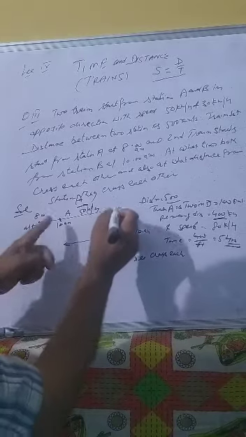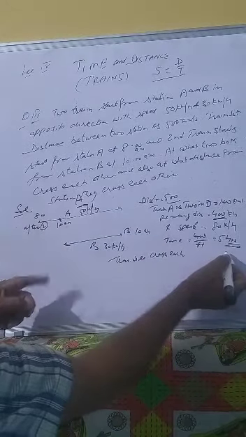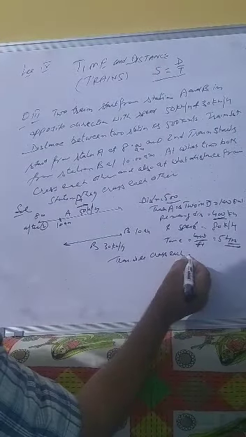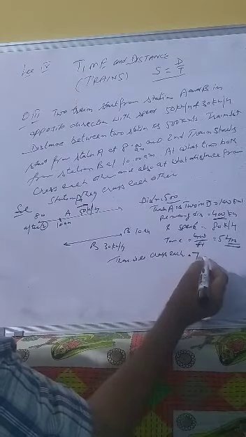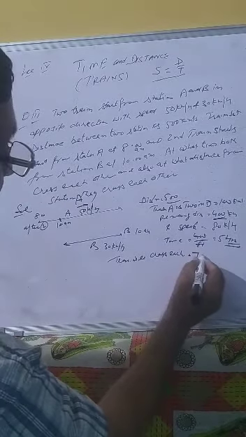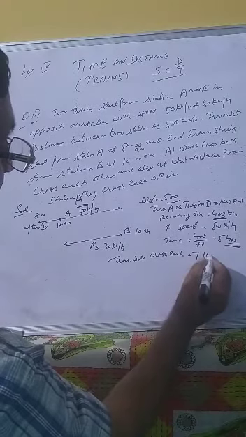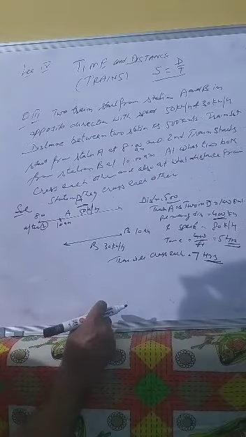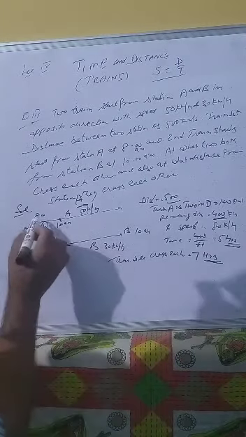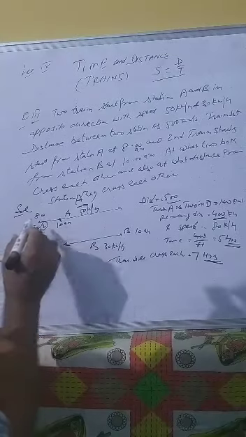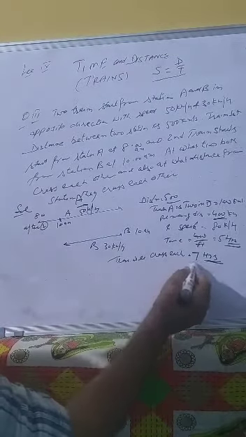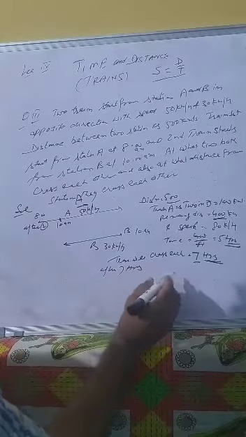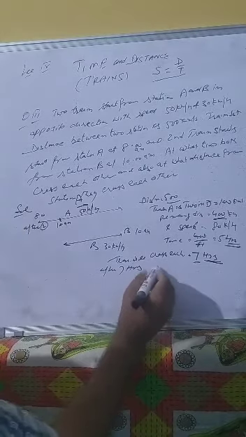These are 5 hours and this is 2 hours. It means the total time will be 7 hours. After 7 hours they will cross each other, counting from when the train starts at A. After 7 hours, the time will be 15.